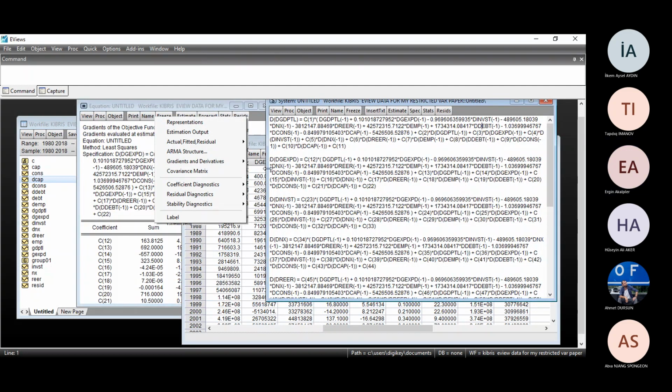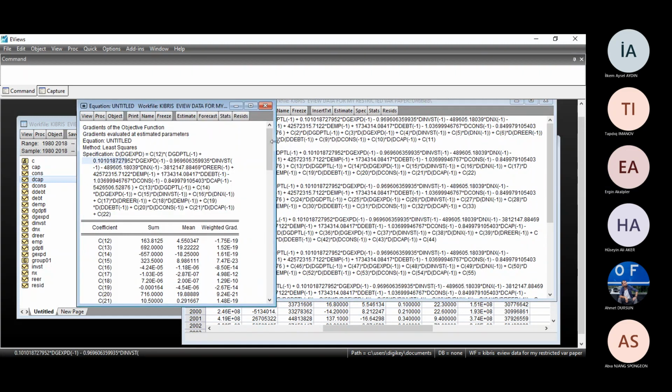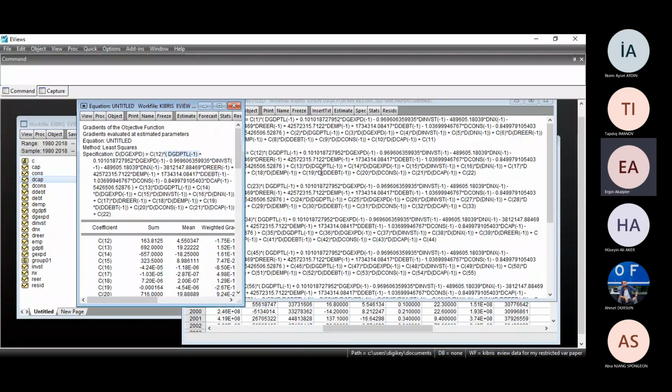Let me check. It's freezing. I don't know what is happening. Okay, C12. Let's do C12 and C13, which is GDP, and C13 and C15. We have to skip the government expenditure, because it is the same.